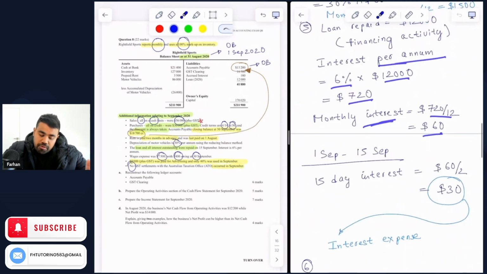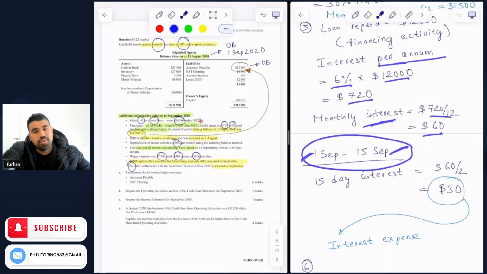Then from the 1st of September until the 15th of September, that is when we have repaid off the loan and all the remaining interest that was outstanding on the loan. So the loan was used for 15 days only within the business in the month of September.